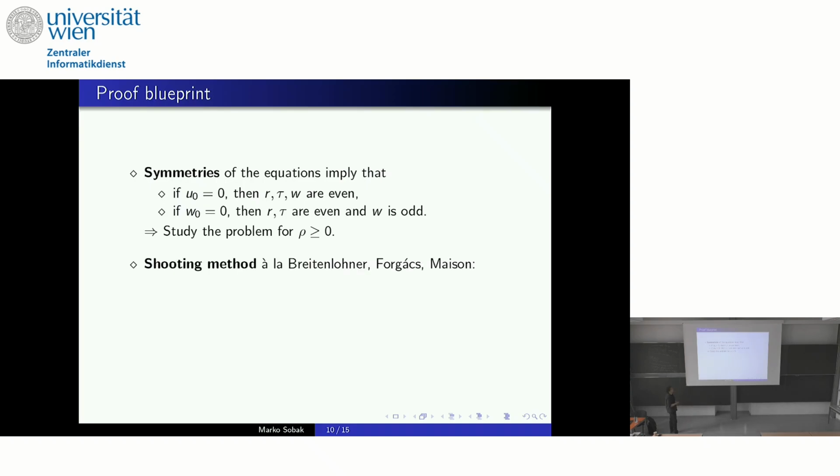Okay, and then how do we manufacture our solutions? We use a so-called shooting method. Here I mentioned these three guys, BFM, again, because the method that we use is the method that they used to study the classical Einstein-Yang-Mills system. This basically relies on three ingredients.